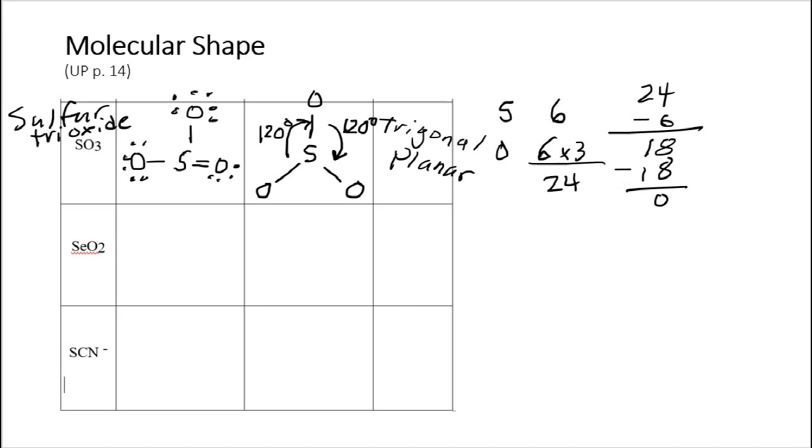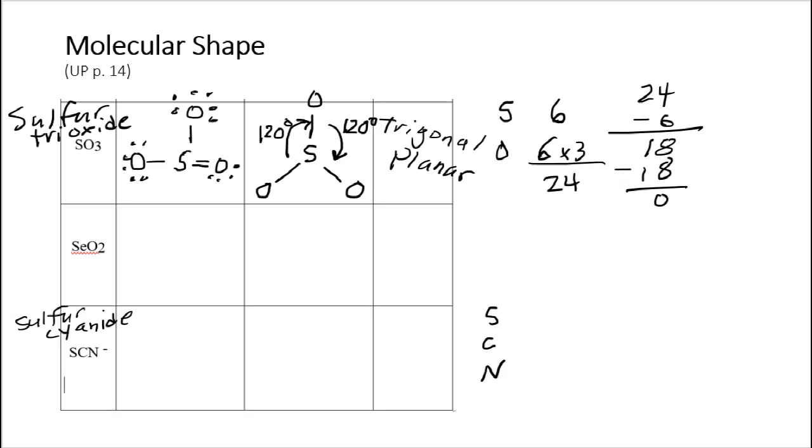Okay, let's try SCN. So this is sulfur cyanide. CN is the cyanide ion that we talked about in class. So sulfur cyanide. We got sulfur in there, we got carbon, and we got nitrogen.